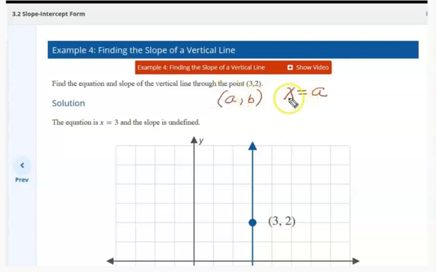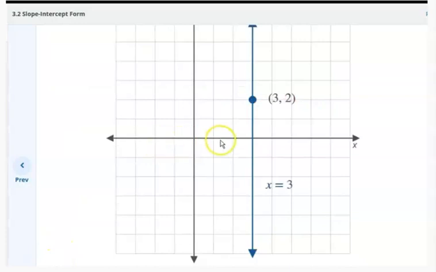And then once we know what the ordered pair is, and they want a vertical line going through it, our a value is 3. So the equation becomes x equals 3. And we know the slope of all vertical lines from our toolkit is undefined. And again, through repetition, writing these formulas out, hopefully you pick up on skill and then later mastery. And we'd like you to include a little sketch of this.